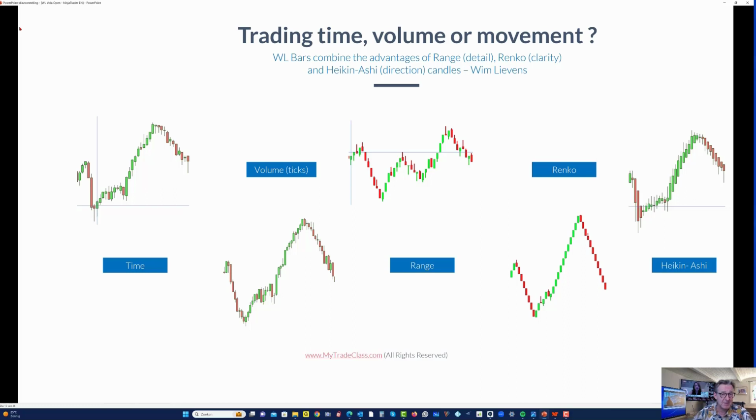And Heikin Ashi, a beautiful tool to show these beautiful moves, very popular here in Europe, but here the problem you have is that sometimes for trading, for analysis I think they're great, but for trading, sometimes you have very small and sometimes very big, large bars, and that from a money management point of view is not the best. So what did I do?